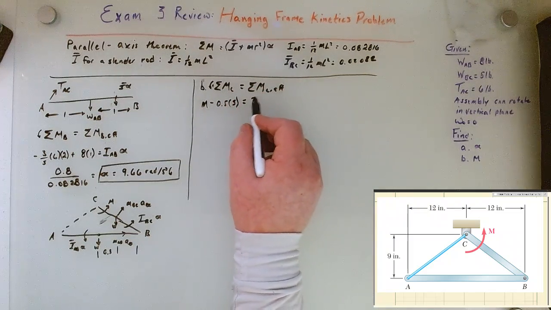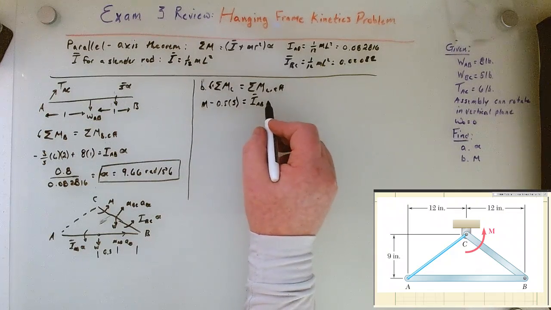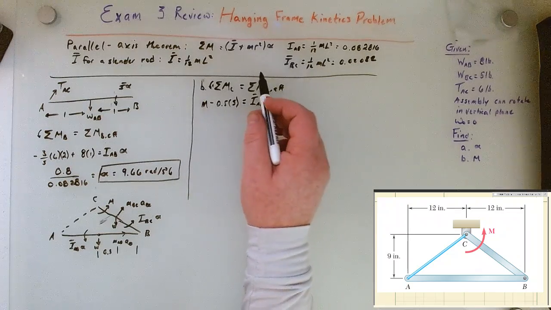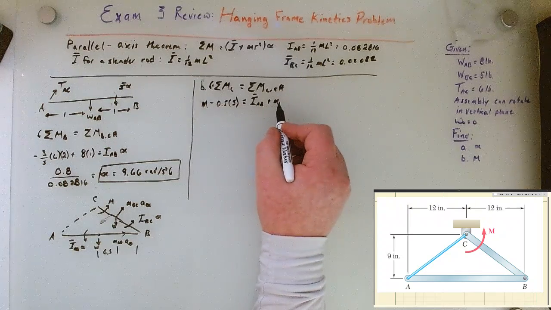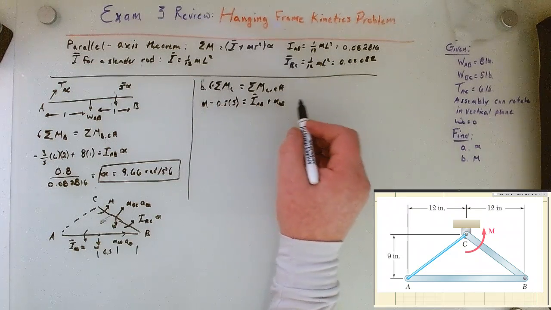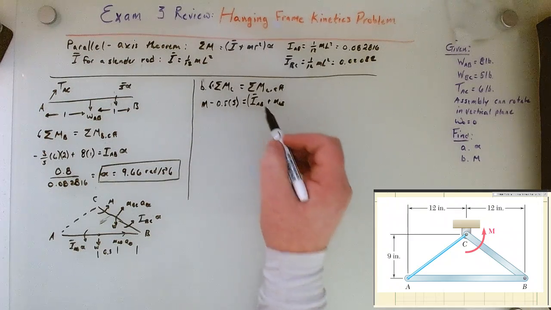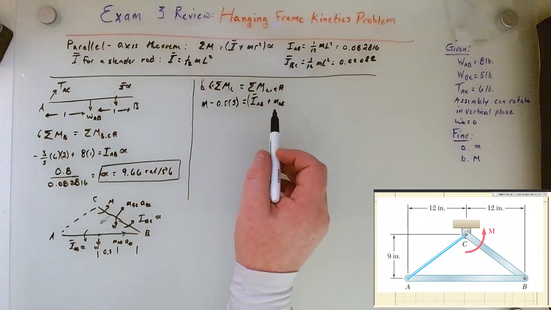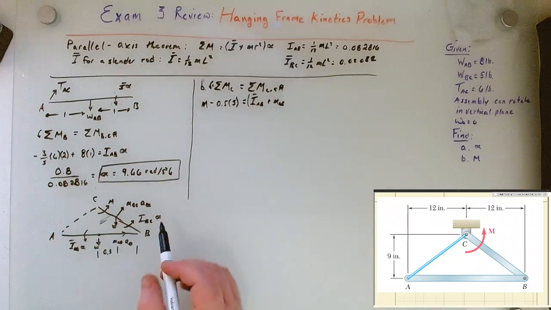We'll say I bar AB plus M, which is the mass, so that for AB is going to be, well, we'll write it algebraically first, MAB, and then R, so we're going to need parentheses here, and the R here is from the axis of rotation to the center of this point.